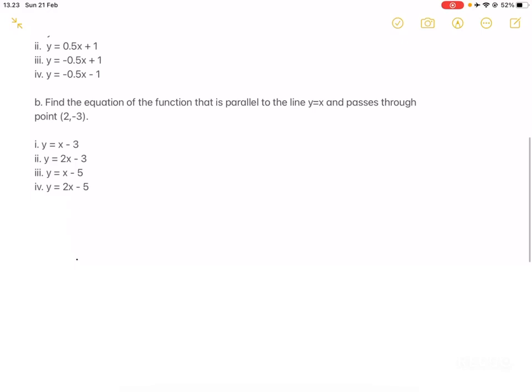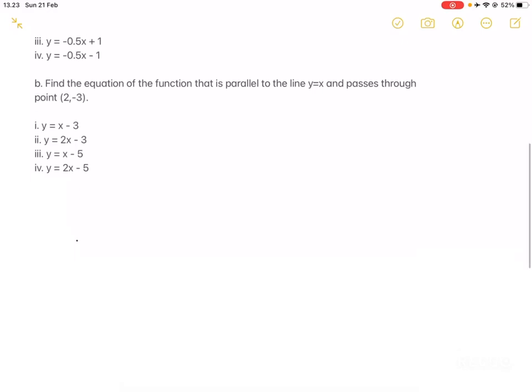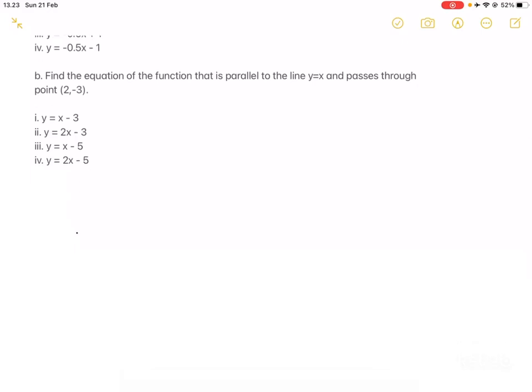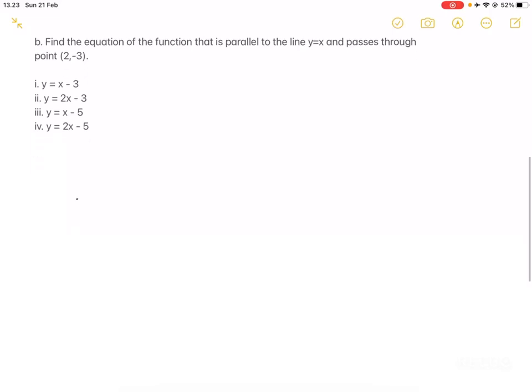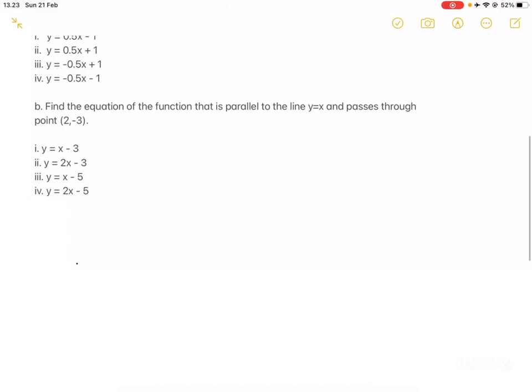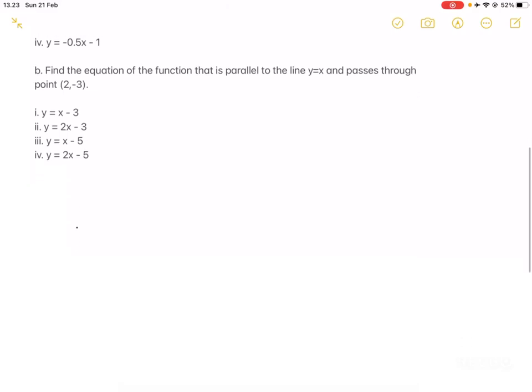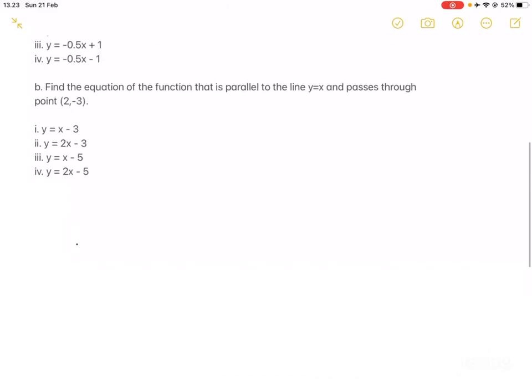Alright, next we need to find the equation of the function that is parallel to the line y equals x and passes through the point (2, -3). Given those choices, let's just solve it. We know that if two lines are parallel, their gradients are the same.